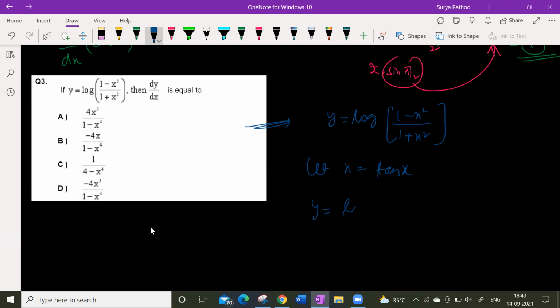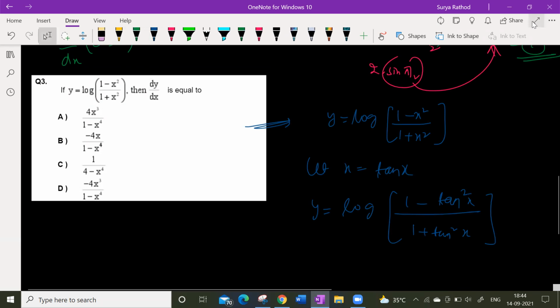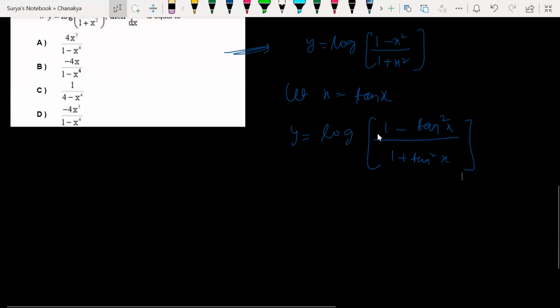So y is equal to log of 1 minus tan square theta divided by 1 plus tan square theta.